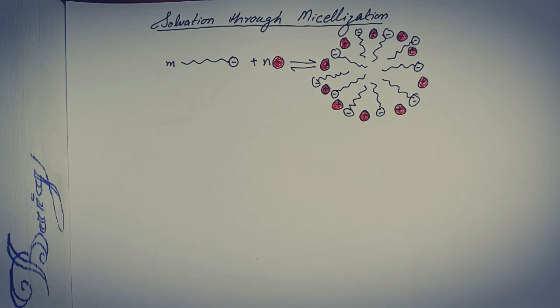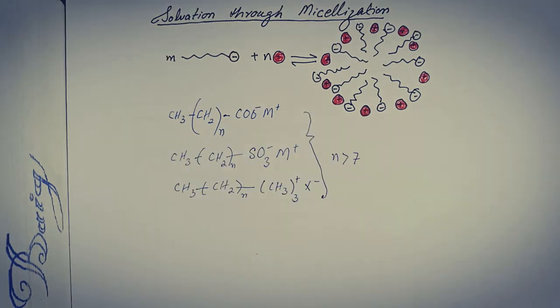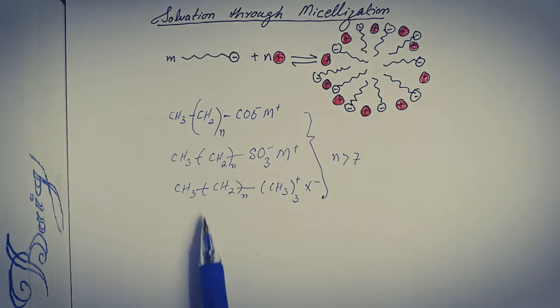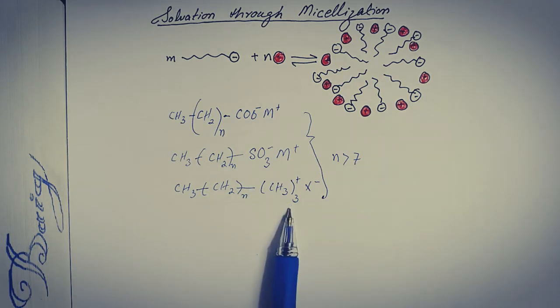Solvation through micellization. Special conditions are found in solutions of large cations and anions possessing a long unbranched hydrocarbon chain. For example, salts of carboxylic acids, long chain alkyl sulfonates, and long chain tertiary amines.